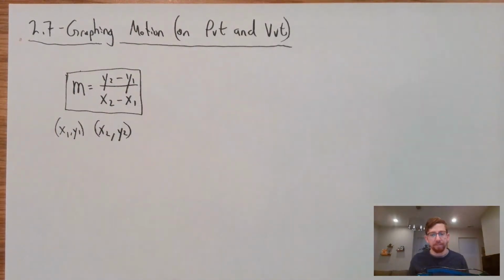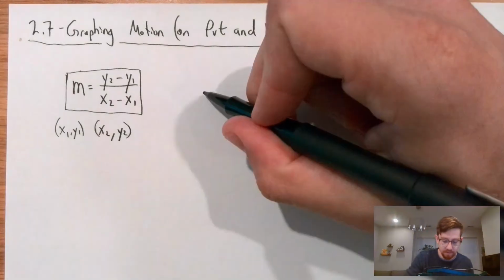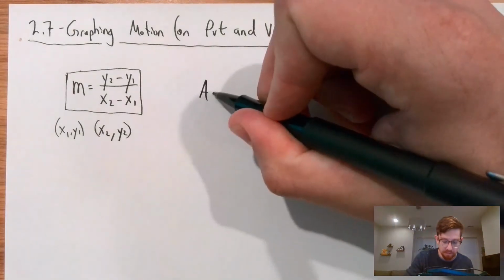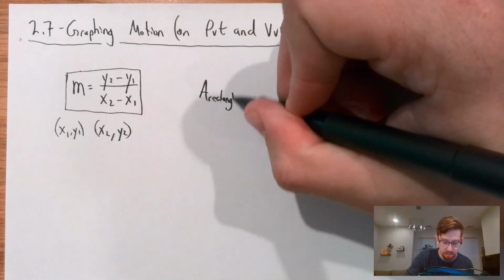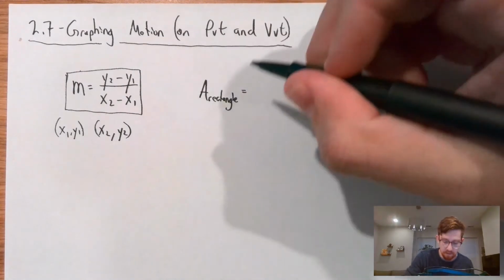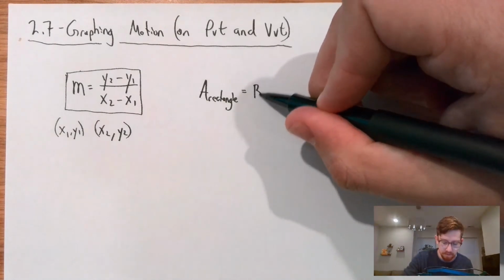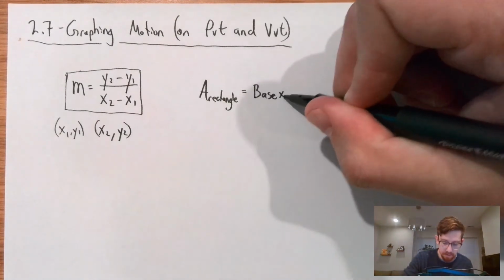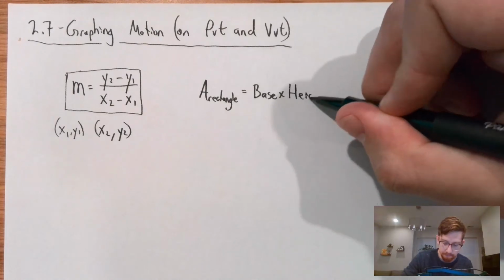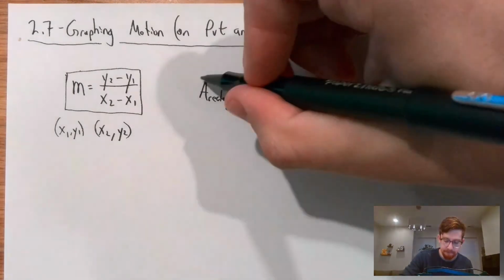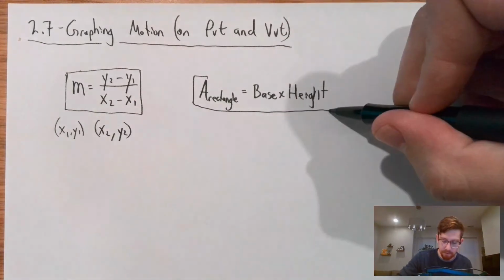The two areas, of course, area of a rectangle is base times height, or you could say length times width, or there's just a bunch of ways to say it. Of course, you probably have that memorized.